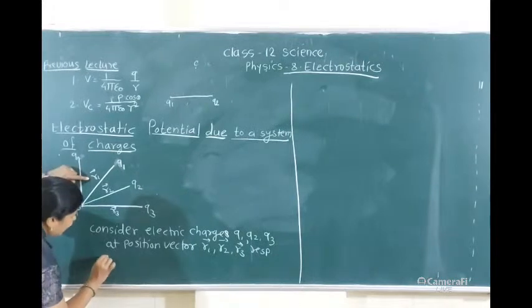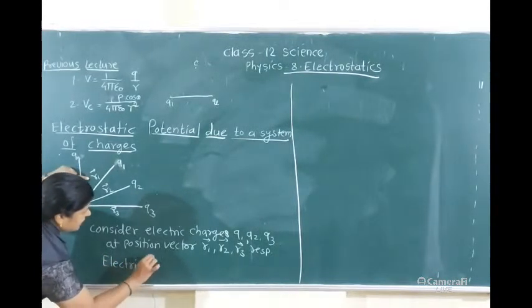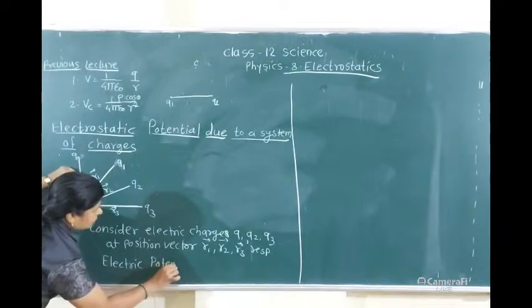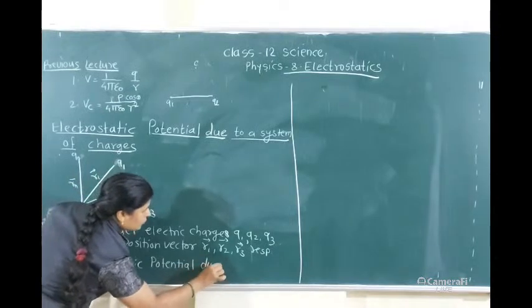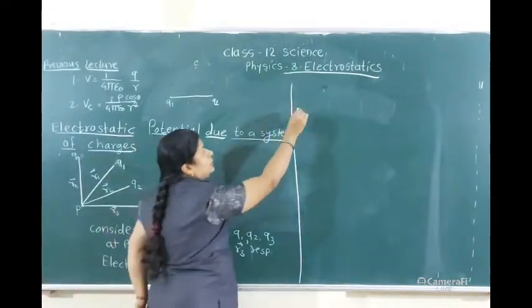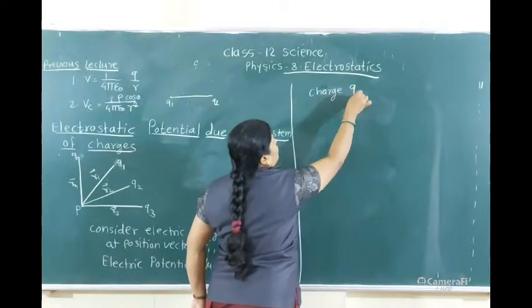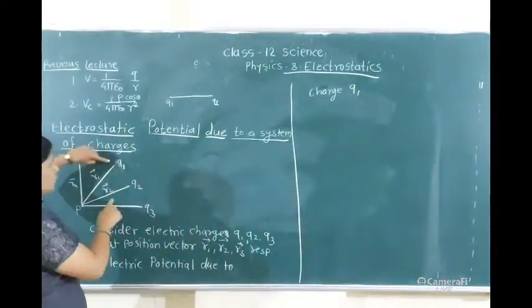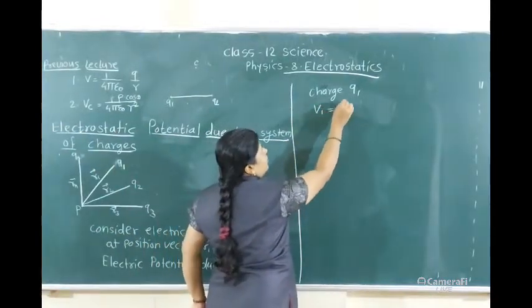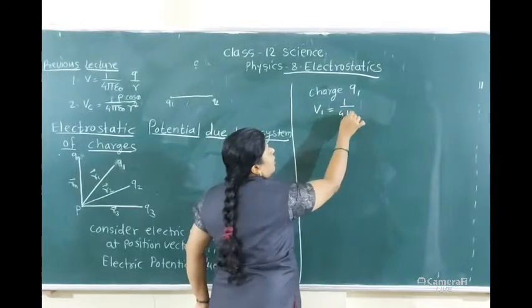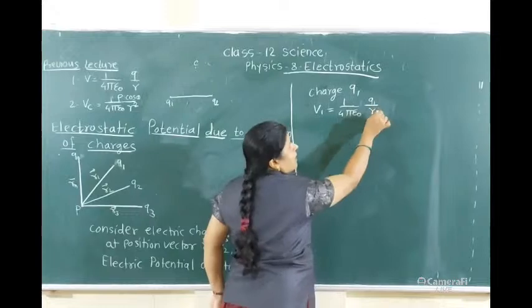So the electric potential due to charge Q1, phi1, is equal to 1 upon 4 pi epsilon 0 Q1 divided by R1.